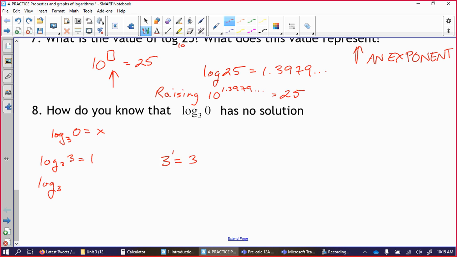Log base 3 of 1 is 0 because 3 to the 0 equals 1. So 3 to what power equals 0? Is that ever going to have a solution?